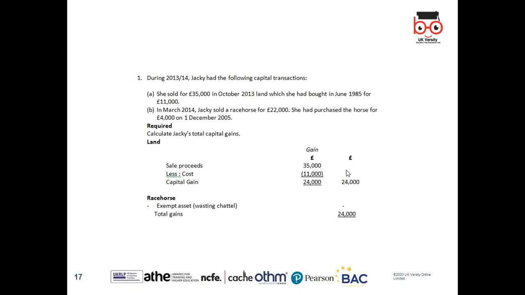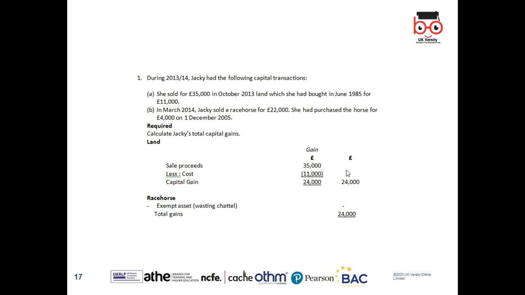Then a question here. This is a bit of an old example, but it helps, and we still have the same rates. Suppose the asset is worth 35,000. It is land bought in 1985 for 11,000 pounds. So 35,000 minus 11,000, so 24,000 is my capital gain.